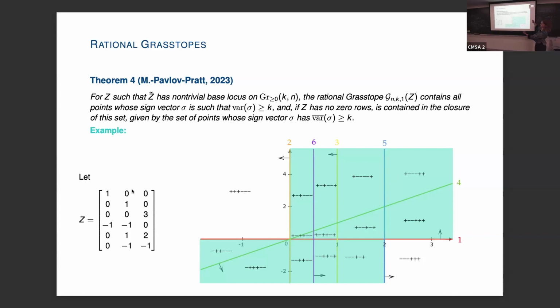But then when they get glued together, it gets twisted. So this one is not contractible and not a ball, therefore. So rational Grasstopes can behave pretty differently from the tame and wild ones. And definitely there's more interesting things to study here.